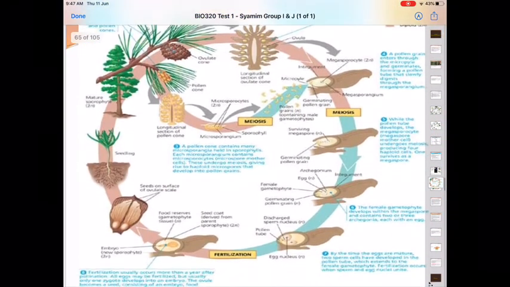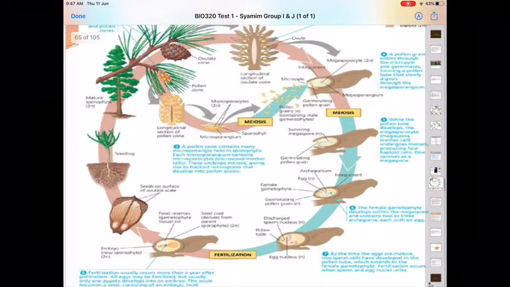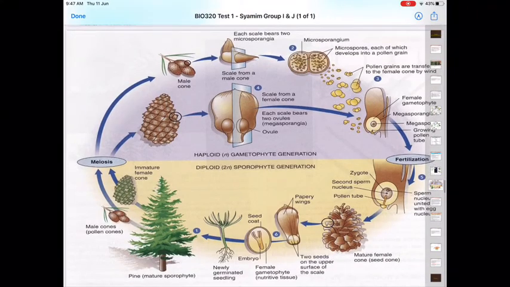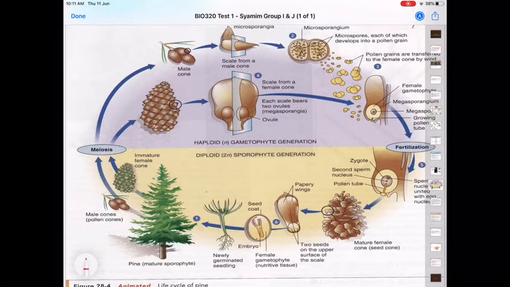Right, so we come to the life cycle. The first image is quite blurry, so we look at the second diagram. This is the life cycle of the pine. Start from number 1, the mature sporophyte. You must know the mature sporophyte contains male cones and female cones.